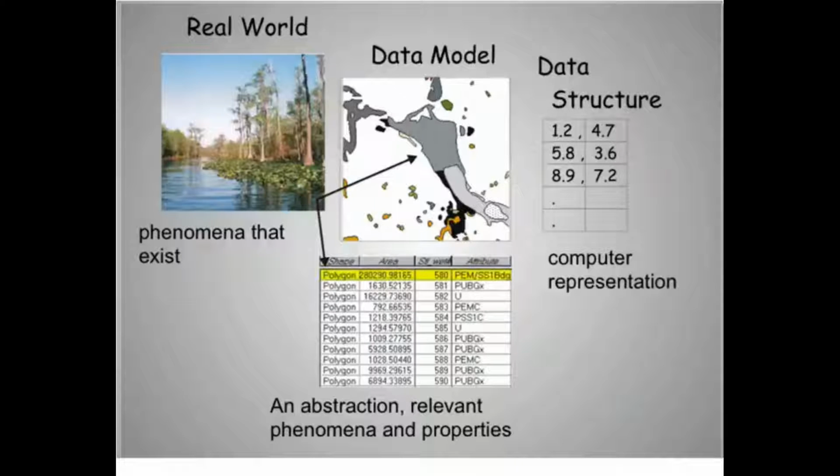I don't know for sure what this numbering scheme is, but these can represent different land cover types for these polygons. So our data structure is the coordinate system attached to the attribute. The polygon itself is stored almost as an attribute, and so is the attribute that represents the land cover type.